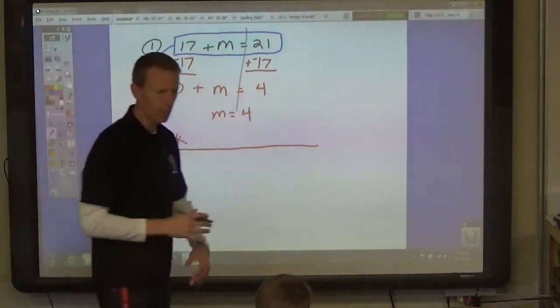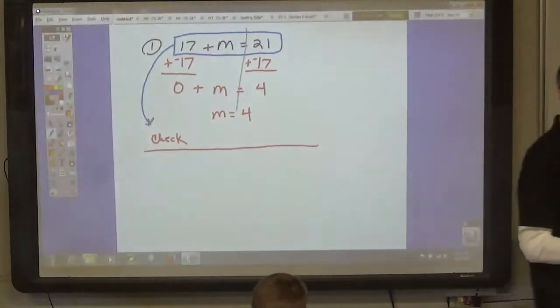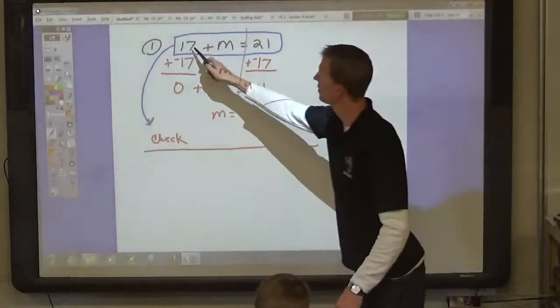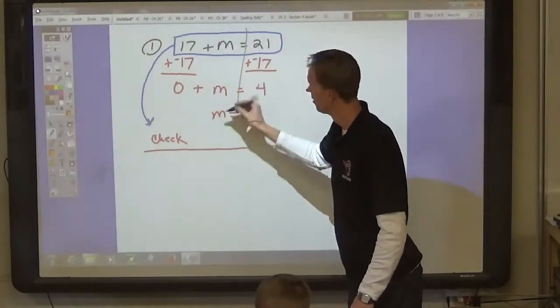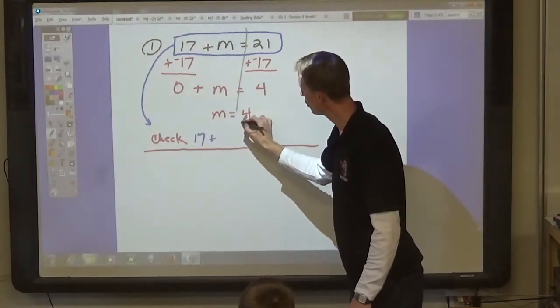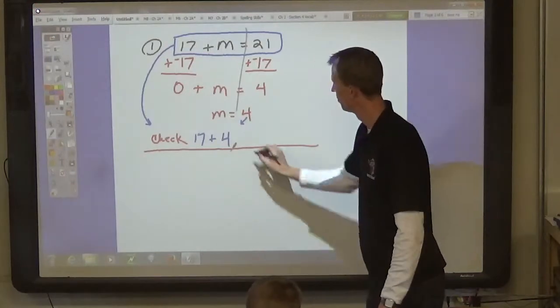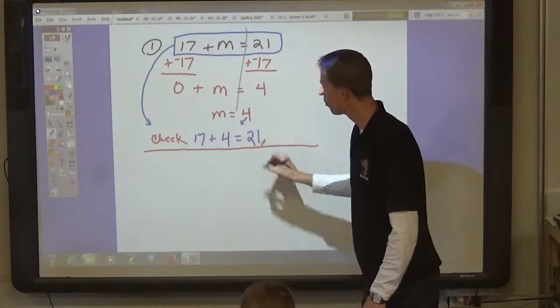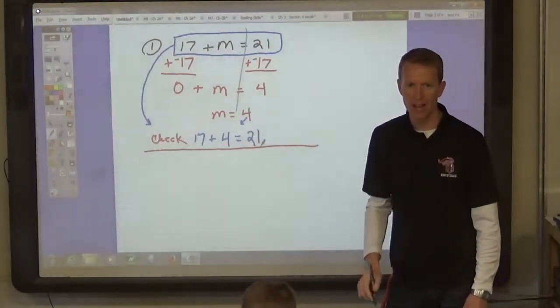For some reason, last year's class had trouble with that. You write this equation in the same order, except instead of writing m, you write the solution for m. Don't write it in any other order.